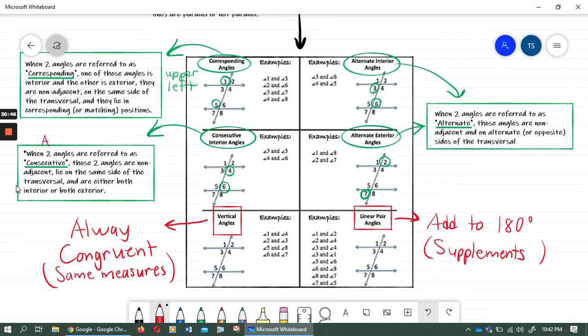So that pair, consecutive interior, could also be called same side interior angles, and I know that's a little sloppy.